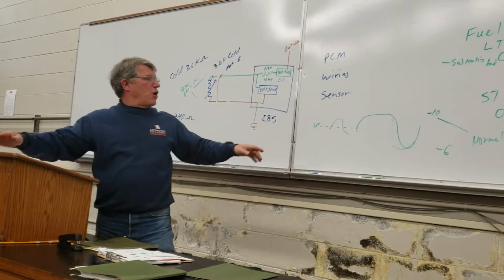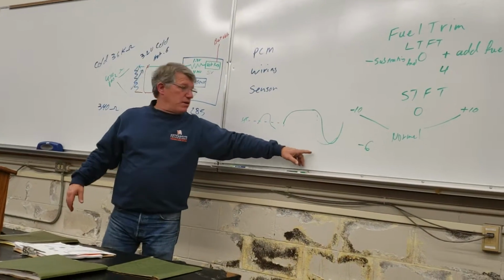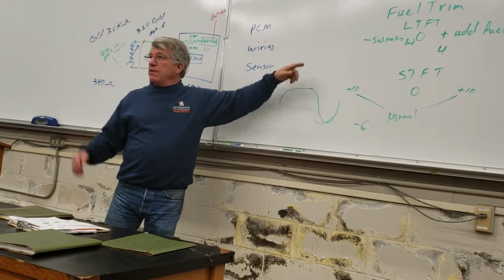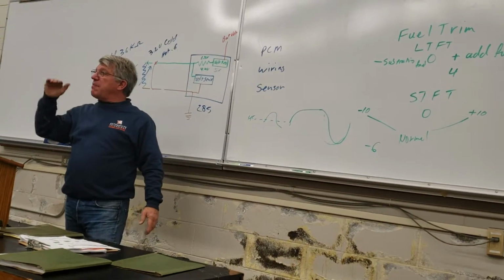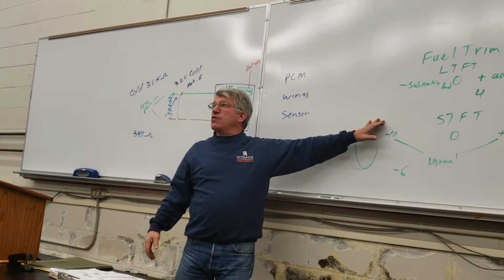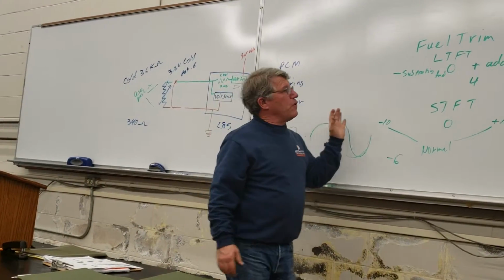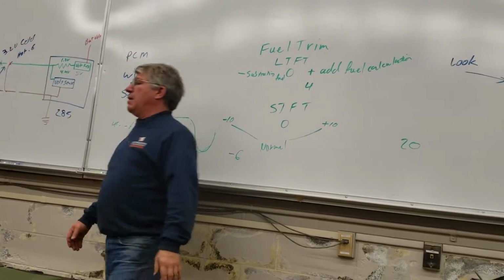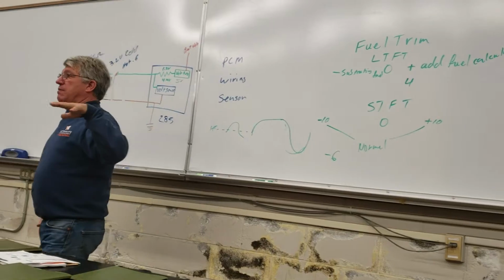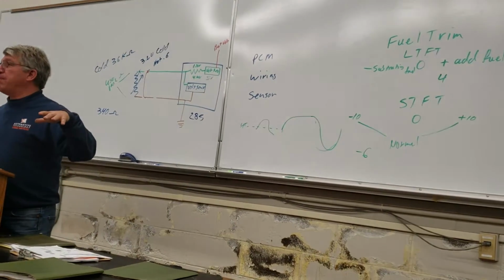Now, is my voltage going 0.8? Is it going 0.3, 0.7, 0.2? Is it varying like this? Is it balanced? If it is, okay, then what's my fuel trim? However, if I see fuel trim way out and my O2's staying low still, then that O2 might be bad.